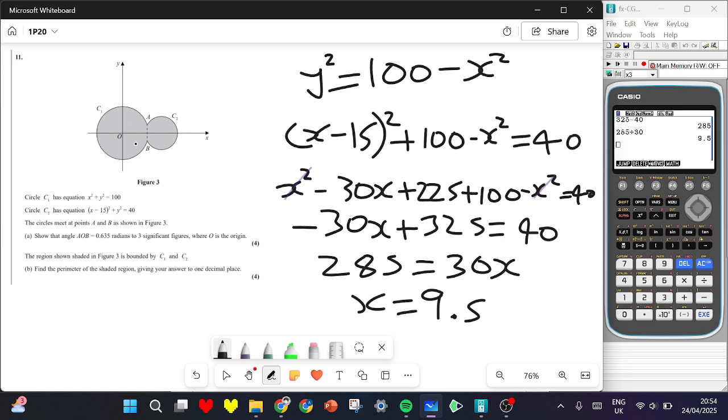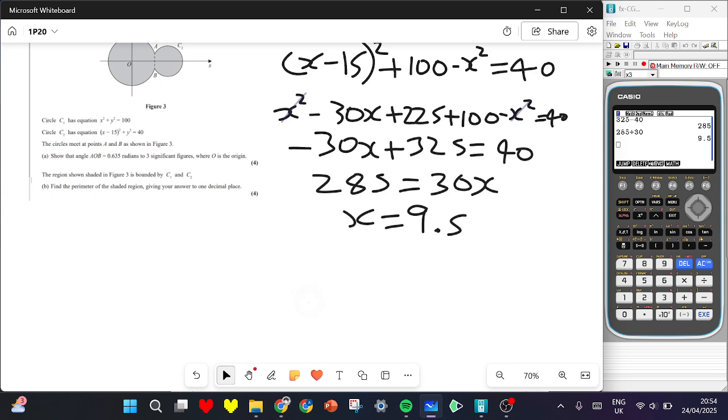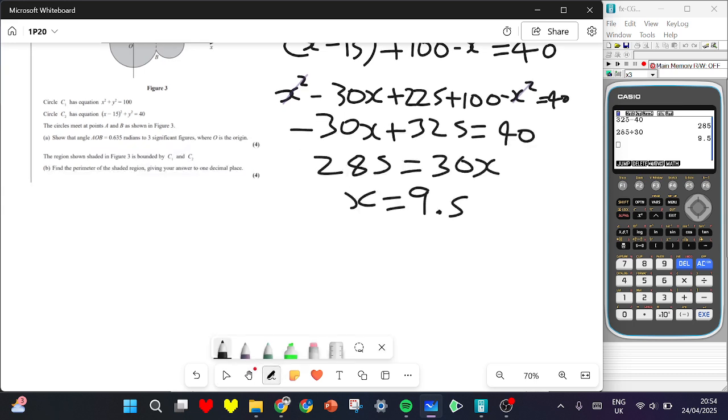Now we need to find the y coordinates, and to do that we can sub this x value back into either of these equations. I'll just do it to the first one. So if we do that, we have 9.5 squared plus y squared is equal to 100.